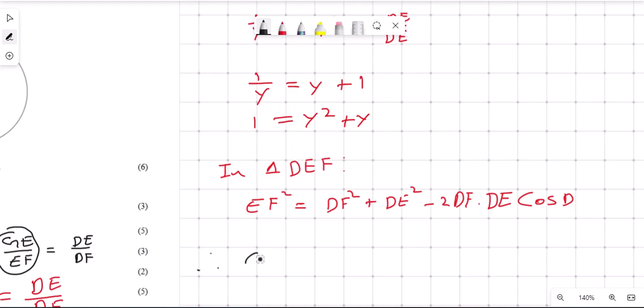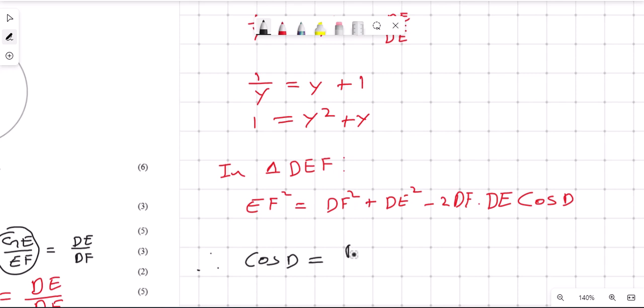Therefore, cos D is equal to, let's look, this one will go this side be minus, this one go that will be minus, but we're going to divide by a negative, making this one positive, making this one negative.